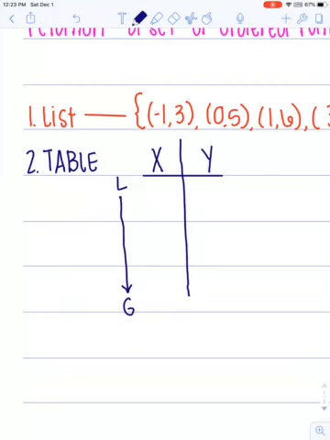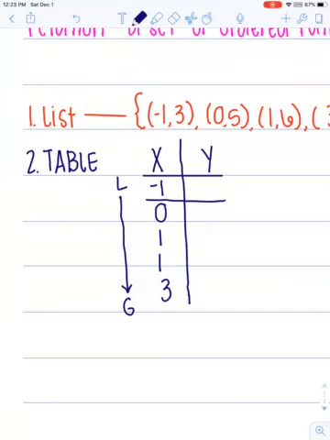So I'm going to look at my list, and the lowest x value I have is -1, followed by 0, followed by 1, then another 1, and then 3. And then I'm going to write their corresponding y values.